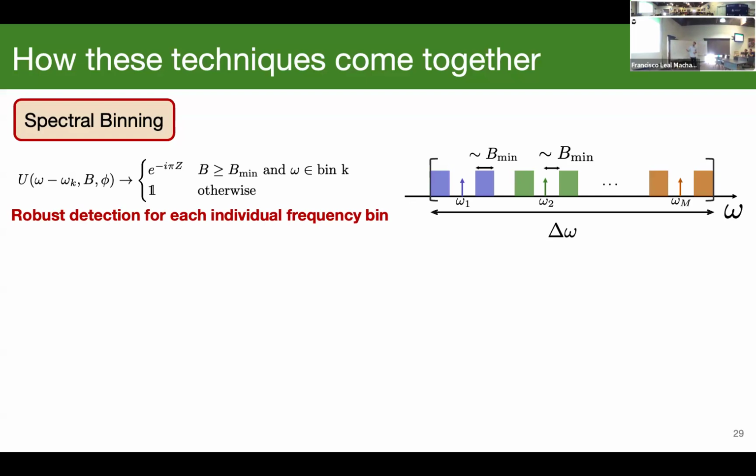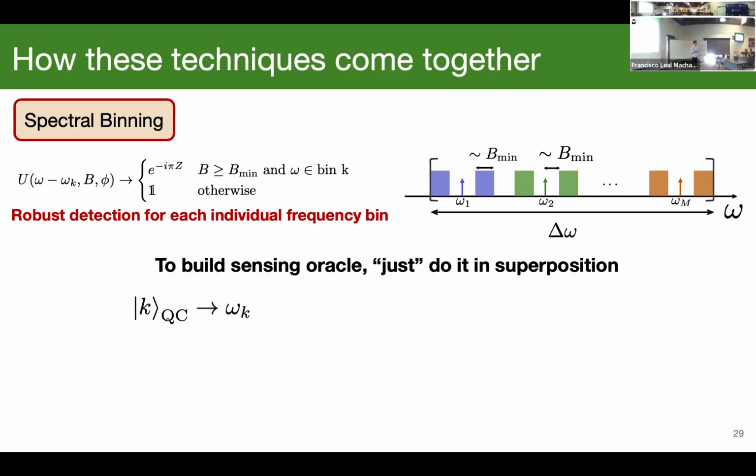If I have a signal within this blue region, then if I prepare my sequence and use this reference frequency for omega 1, I'll be able to get this rotation. Otherwise, I'm getting a trivial evolution. Okay. And so the entire construction allowed me to build a robust detector for one single band. And I'll do the most serious thing possible, which is to just do it in superposition.